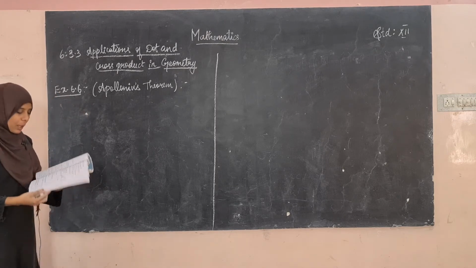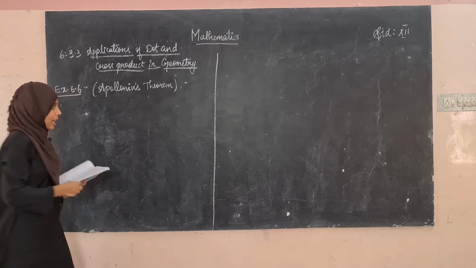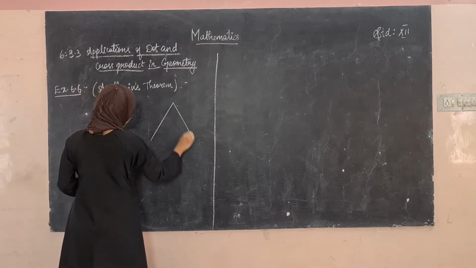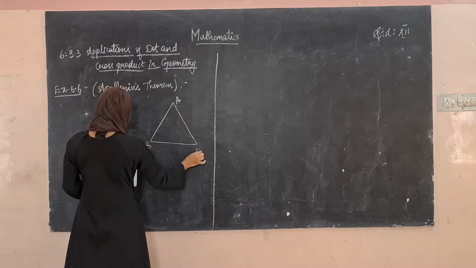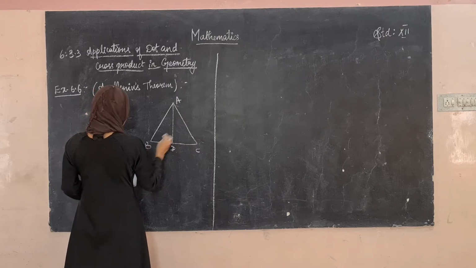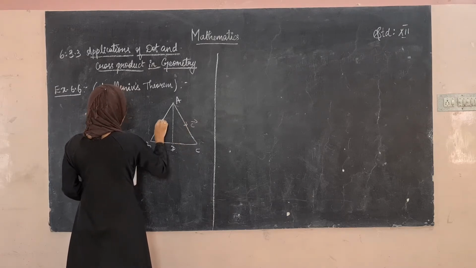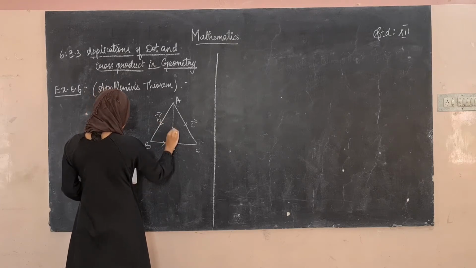and also the proof. Okay, Apollonius theorem, see the statement: if D is the midpoint of the side BC, the diagram is given like this. A, this is B and this is C, this is D. Okay, so this is C vector, this is B vector and this is A vector.